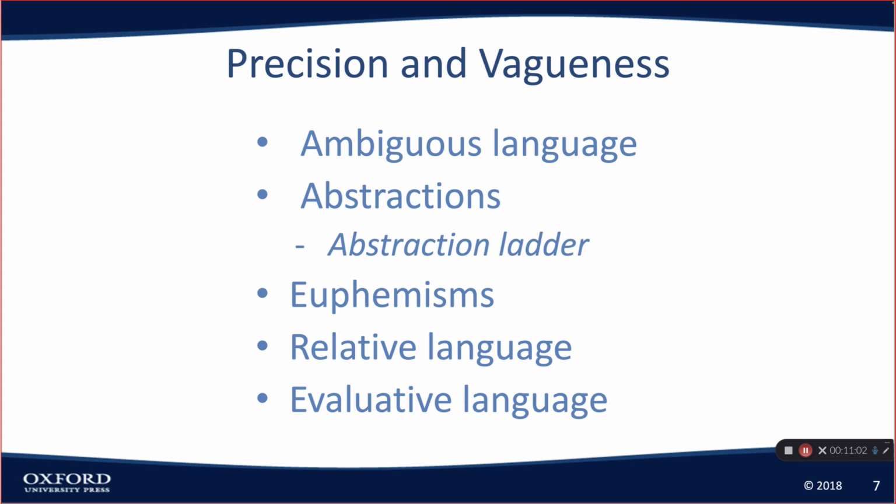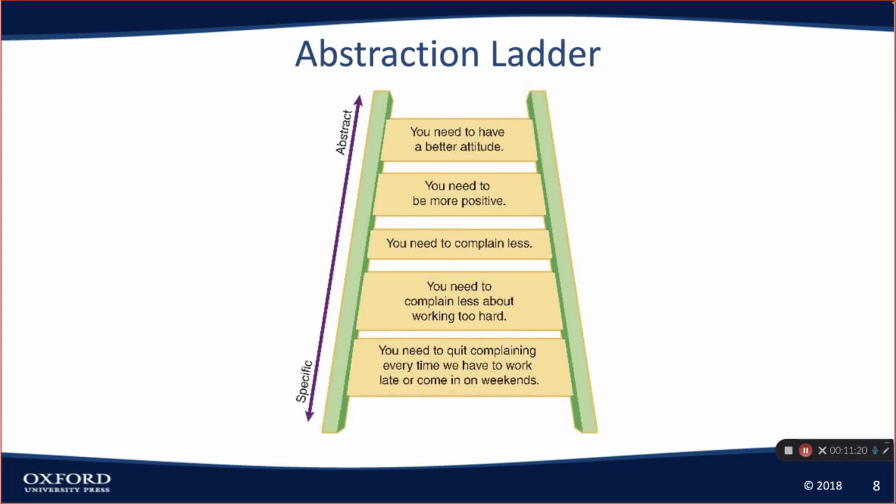Okay. Then we could talk about euphemisms, relative language, evaluative language. These are times where we might intentionally choose to be a little more vague, or maybe we have misjudged our audience and we think that vagueness is a good thing. Okay, so here's a picture of the abstraction ladder, which I should probably have tattooed on me.